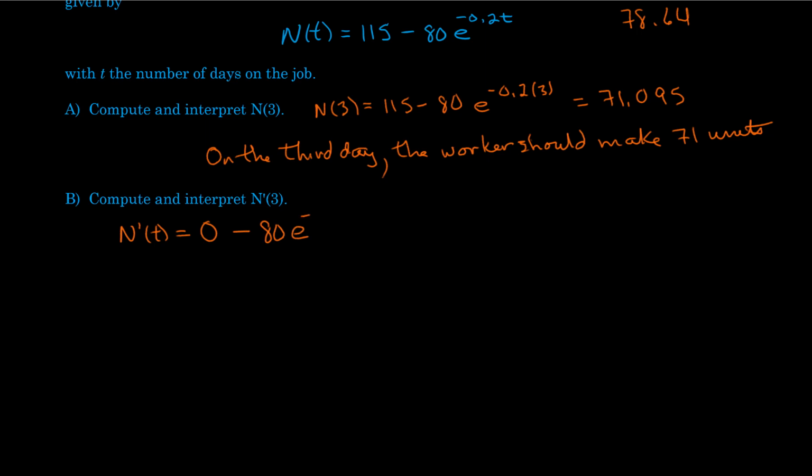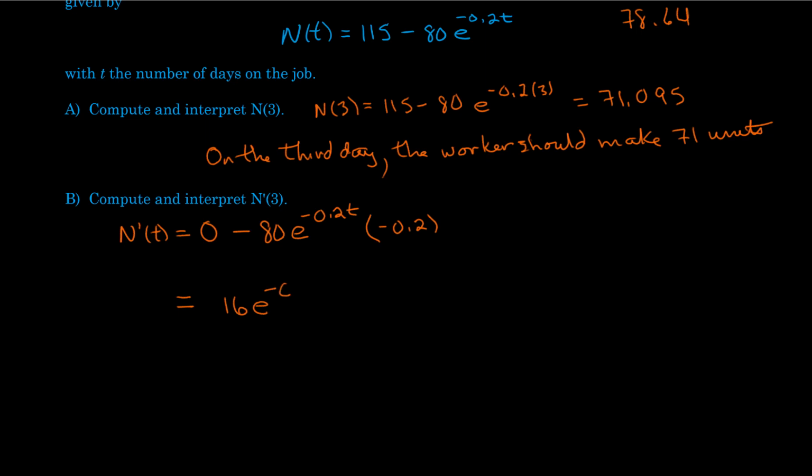So we have e to the negative 0.2t. Then, as with all good chain rules, you now take the derivative of the inside part. The derivative of the exponent, the negative 0.2t, is going to be a negative 0.2. This will clean up some because we can take the negative 80 times the negative 0.2.